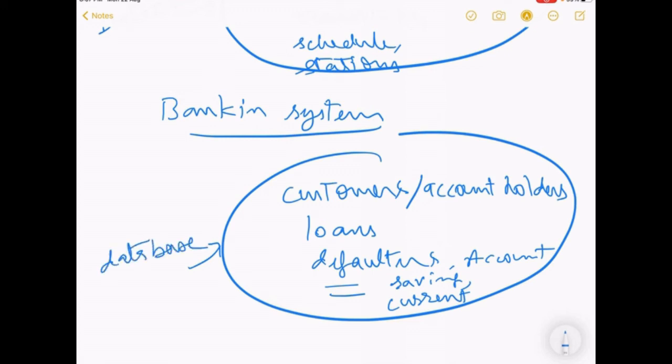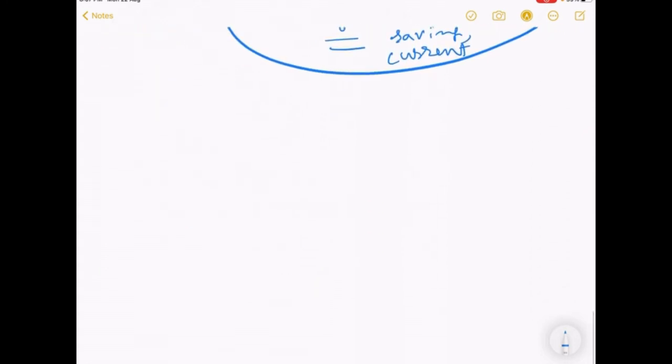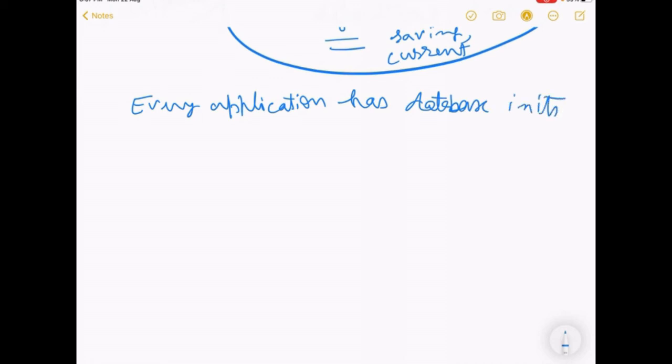These data are related to each other, right? So you see, every application has a database in its background.